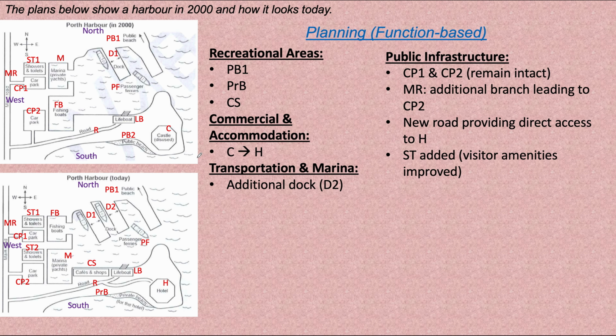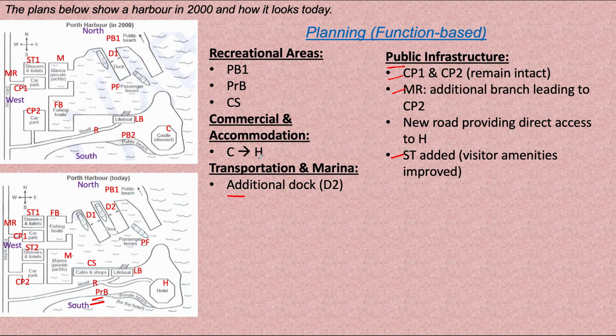Now that we understand the map, we can try to divide the different elements of the map according to their functions. The roads, car parks, and the showers and the toilets fall under the category of public infrastructure. For marine transportation infrastructure, we can mention the additional dock.